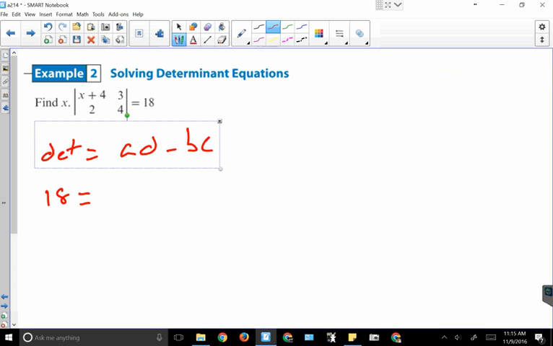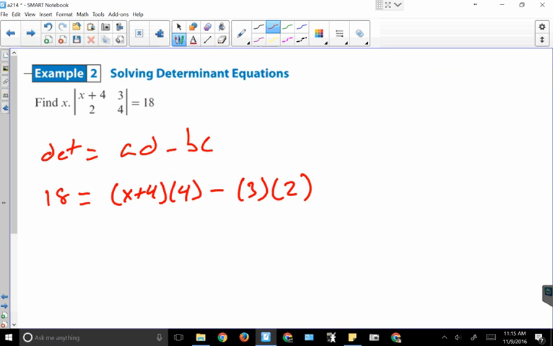What's A? Well, that's just x plus 4 times what's D? 4 minus what's B? 3. What's C? 2. Okay. One diagonal gets multiplied by the other diagonal. That's all it is. No big deal.